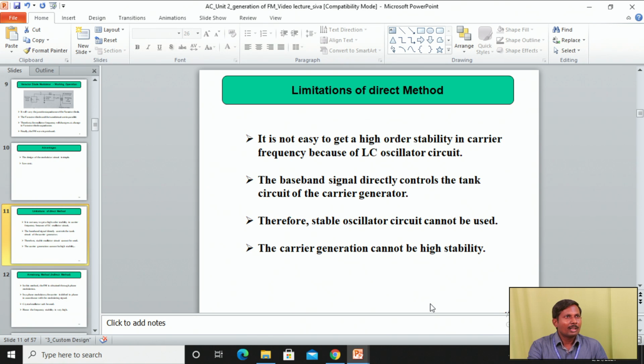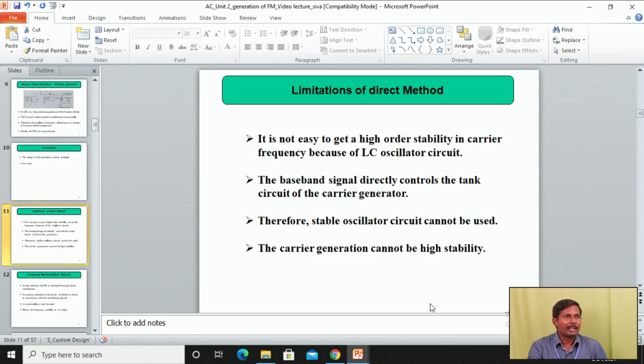Next, the limitation of the direct method. It is not easy to get high order stability in the carrier frequency because of the LC oscillator circuits. The baseband signal directly controls the tank circuit of the carrier generator. Therefore, the stability of the oscillator circuit cannot be maintained.